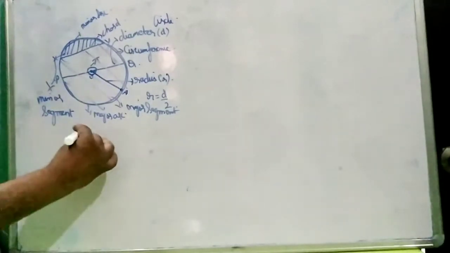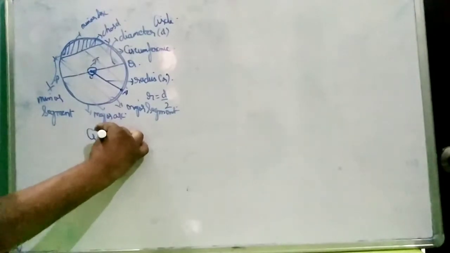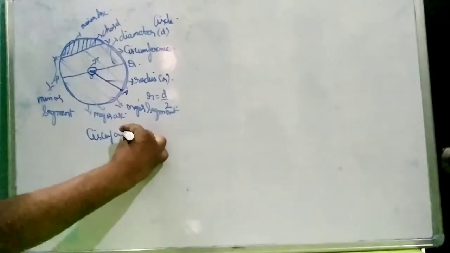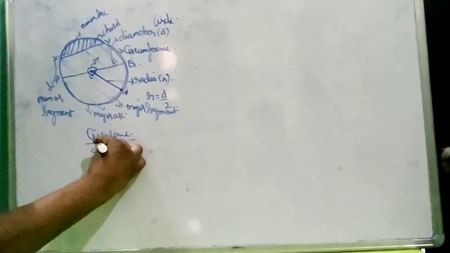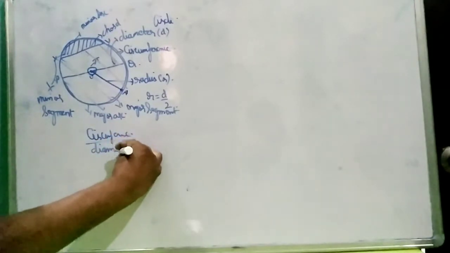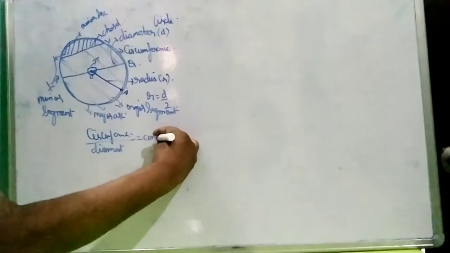As we know, the ratio between the circumference and the diameter of a circle is always constant.